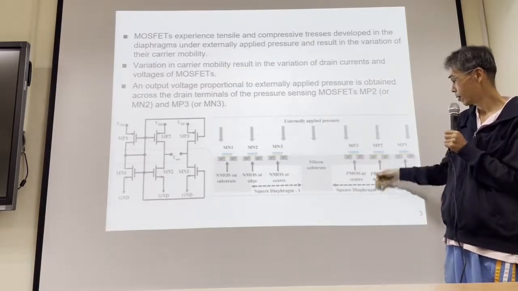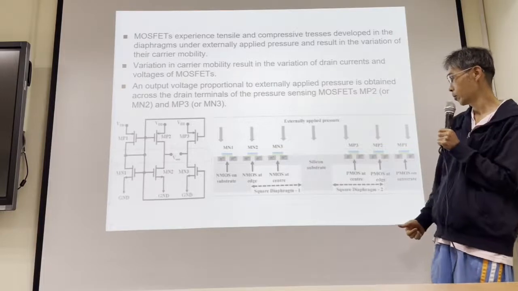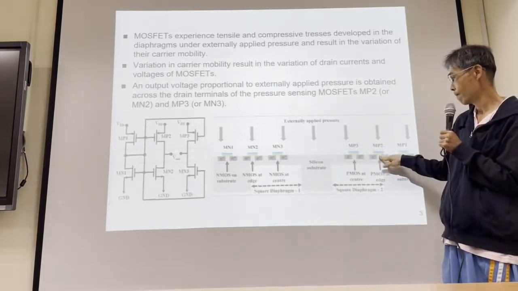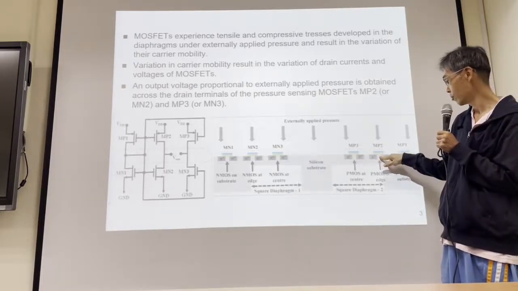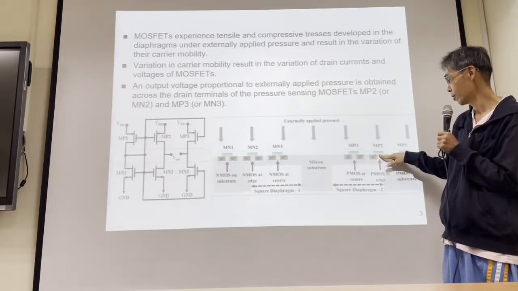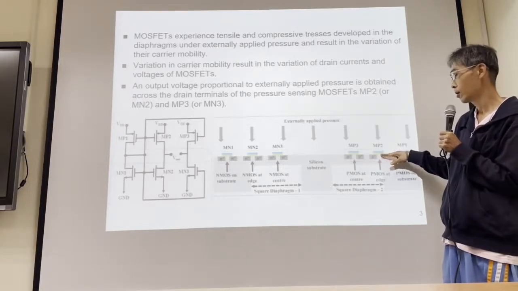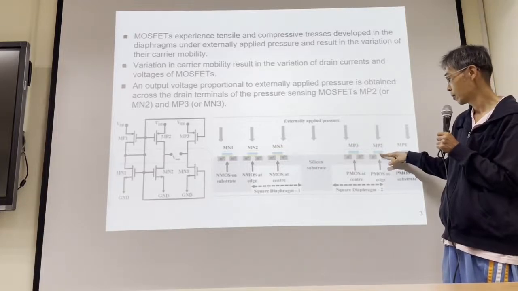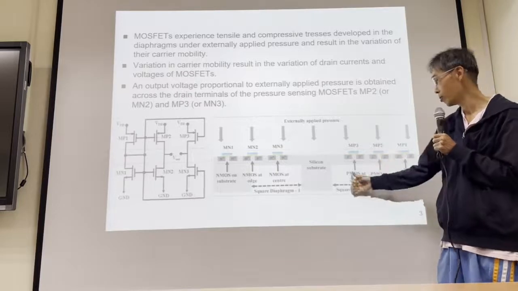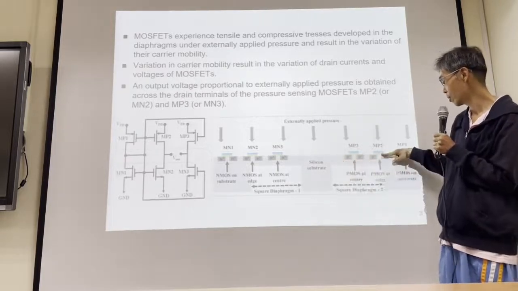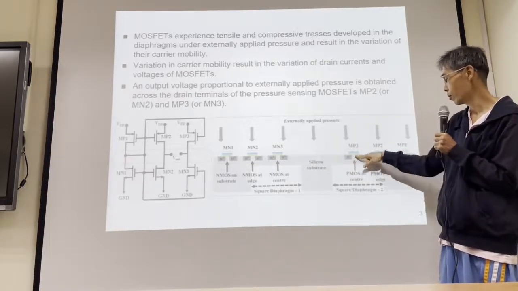So the upper is tension. Here, this one, tension or compression? Compression impossible. Pressure coming this way, so this one, yeah, compression, and this one is tension.